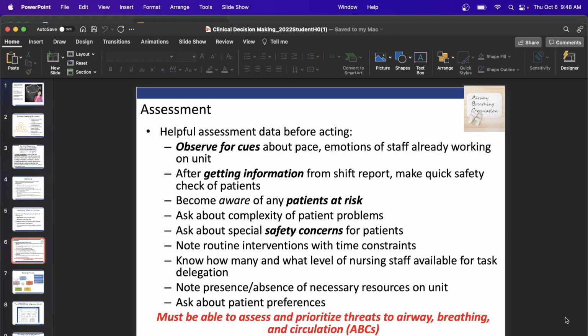Yes? So when we go in, we get our patients, we get report, and then we do a quick assessment of the patient, even before I go to the MAR, or if I can't get the report from the nurse, I'll go just make sure, if it's aspiration precautions, make sure the head of the bed's up, make sure it's in low position.